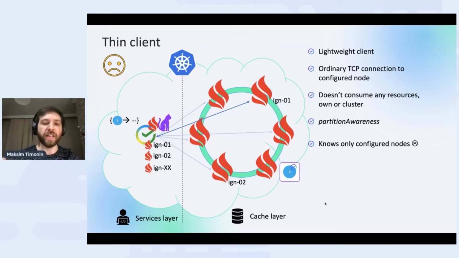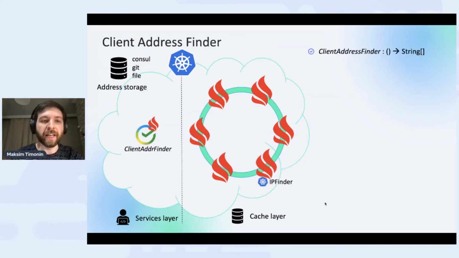So we decided to solve this problem, and we taught our clients to work with a dynamic list of addresses. We extended the client configuration and added a new setting, client address finder, that accepts a simple function that should return the actual list of alive nodes every time it is asked.